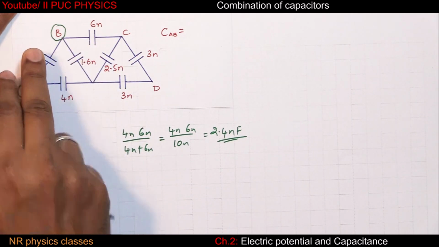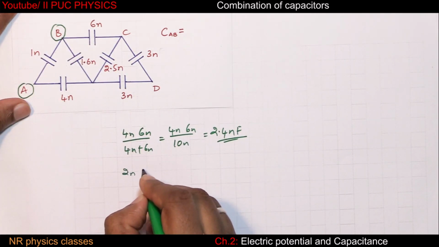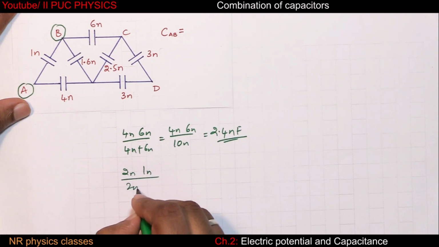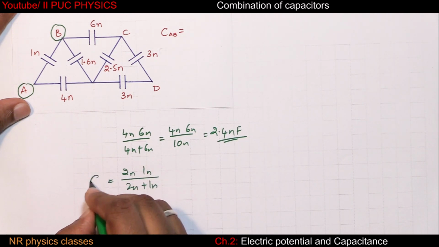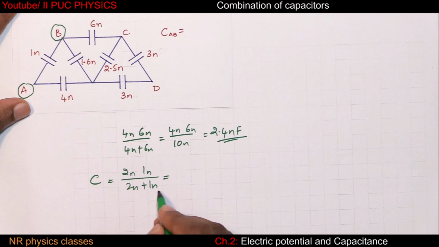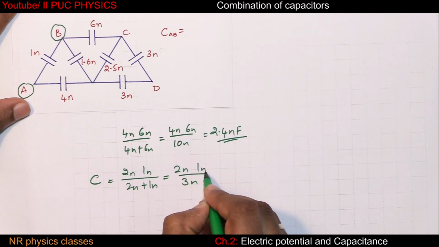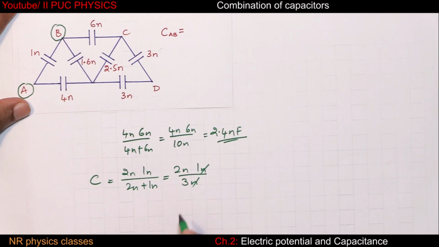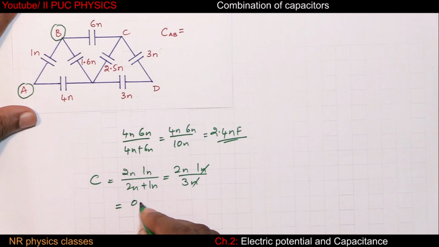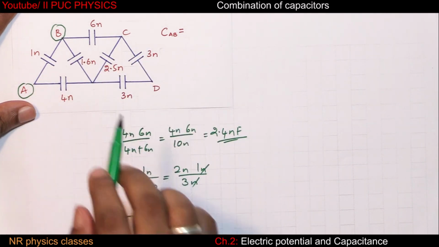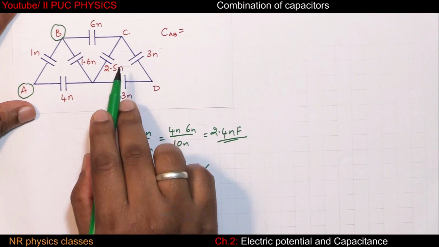2 and 1 are in parallel. So 2 nano into 1 nano by 2 nano plus 1 nano. The denominator is 3 nano, the numerator is 2 nano times 1 nano, the nano cancels. 2 by 3 is 0.67 nanofarad. Though the circuit looks big, it is easy to solve from this end.